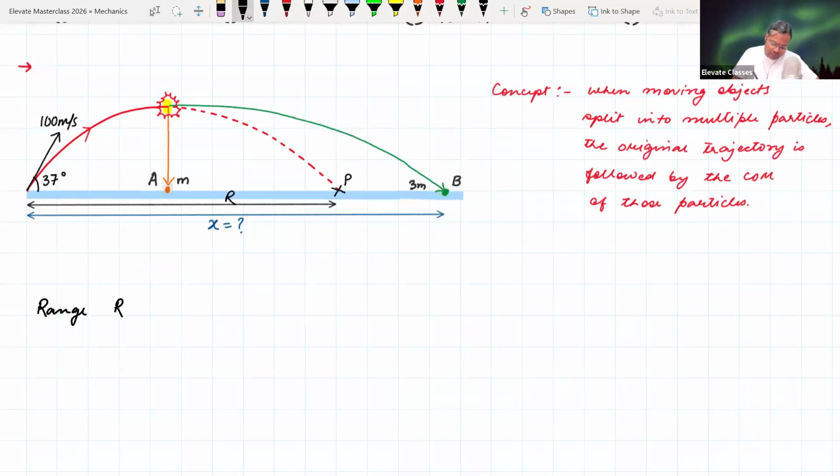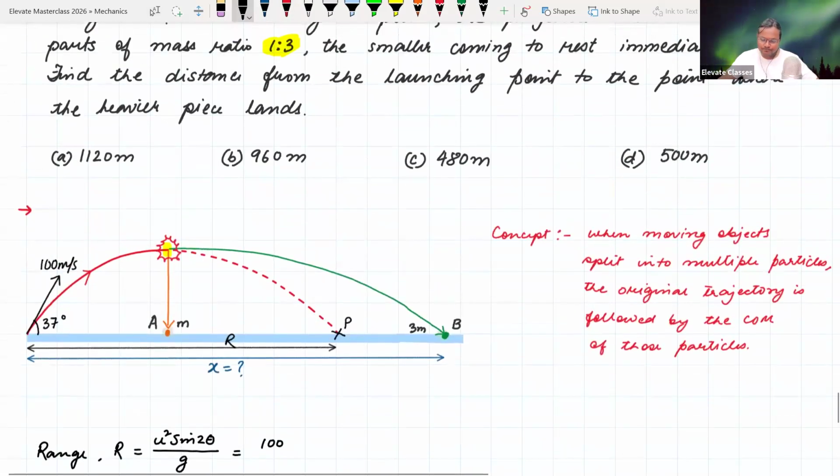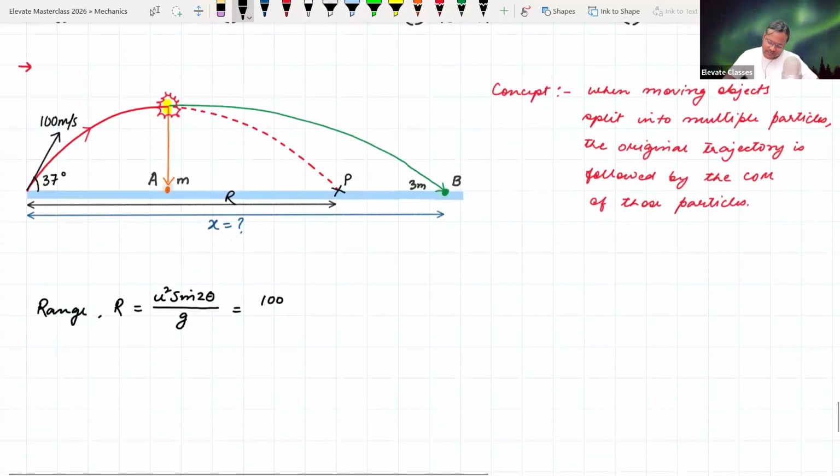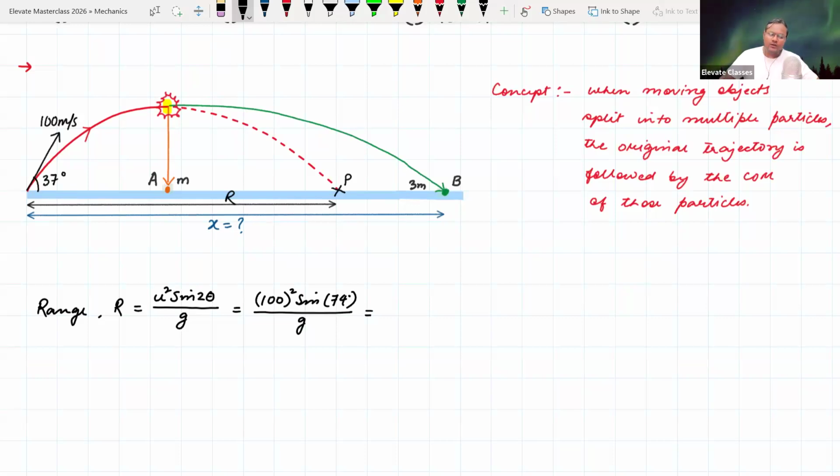So range R is equal to u square sine 2 theta upon g, which is equal to speed is 100 meter per second, sine 74 degrees upon g. इसको कैलकुलेट करोगे ना, कितना आता है ये वाला, बताइए.